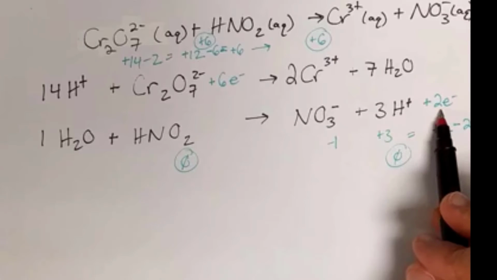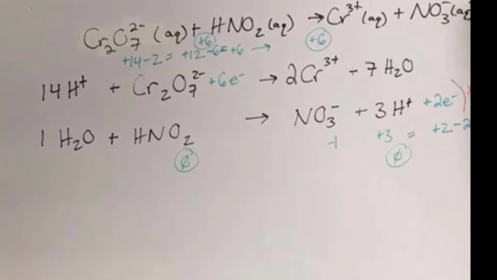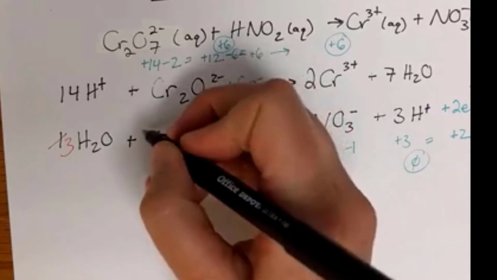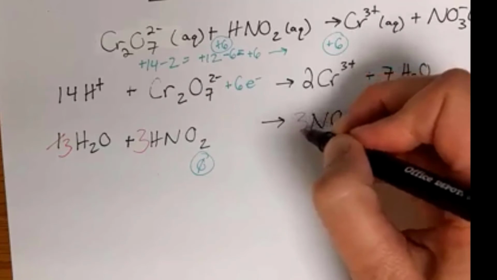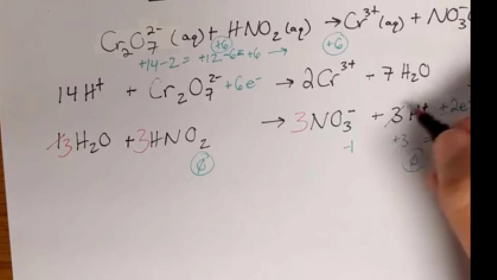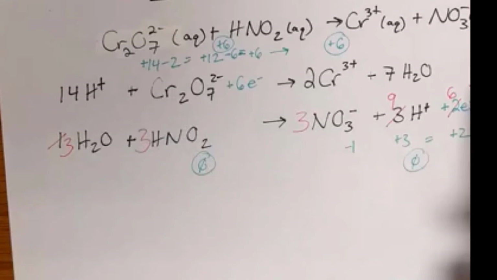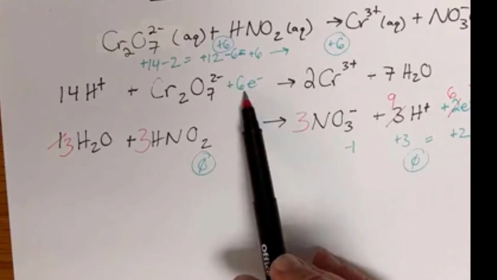So how do I get 6 electrons in this bottom one? I'm going to multiply this whole reaction by 3. So if I do that, 3 times 3 is 9, 3 times 2 is 6. Now I've got 6 electrons here, 6 electrons here.